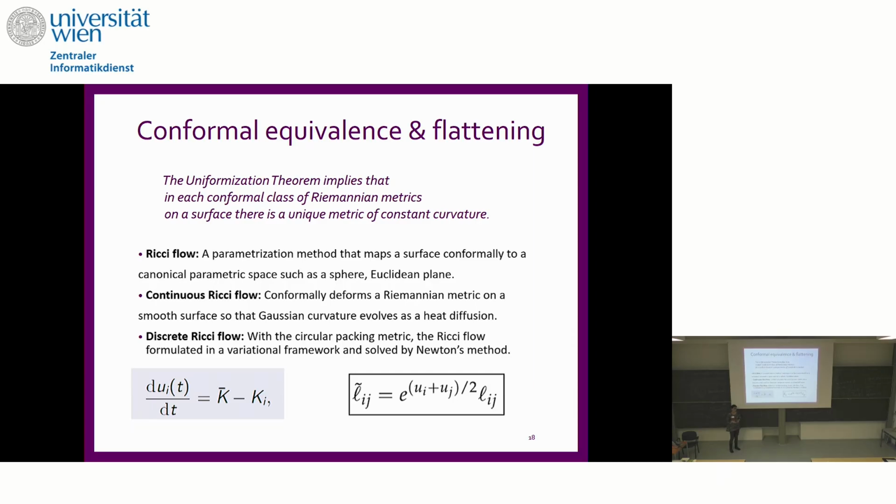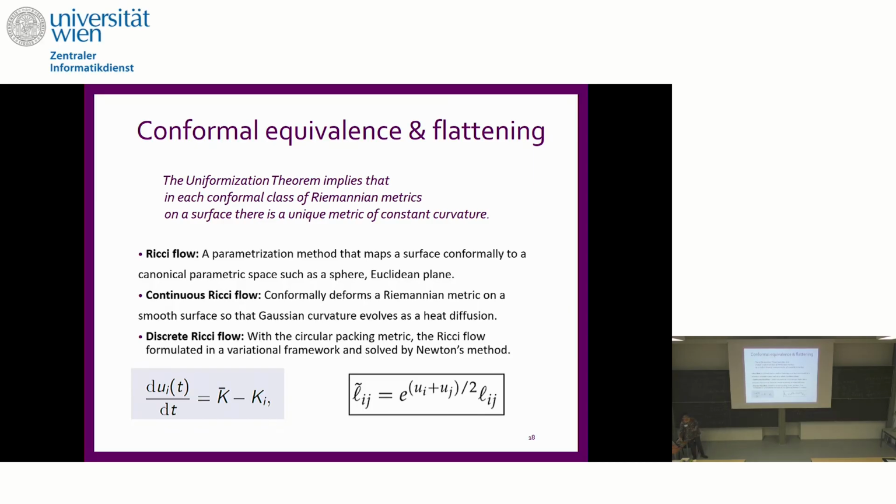For example, at this vertex i, how far I am from this target constant curvature. For example, if you want to flatten a triangle surface mesh, and you are on a very highly curved region, this derivative will be higher, and then you will introduce more distortion at the end of the day. And the way they do it is based on gradient descent.